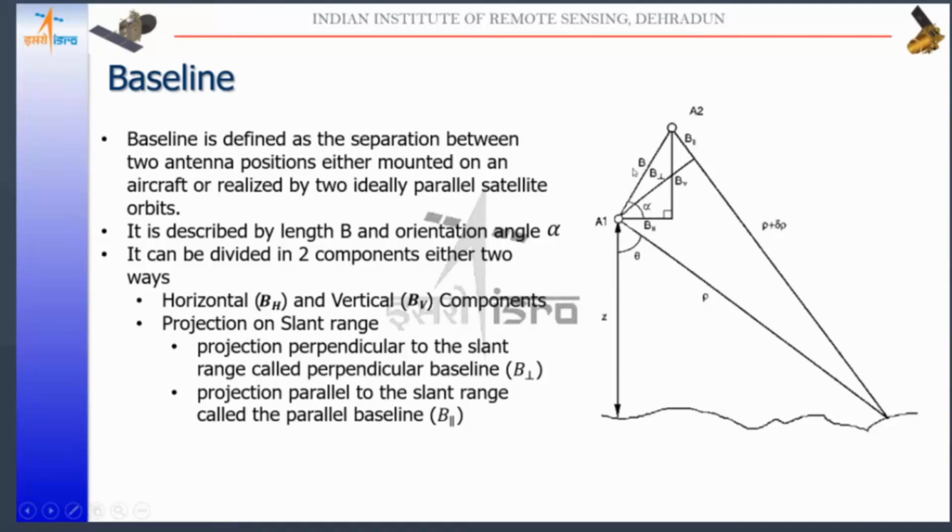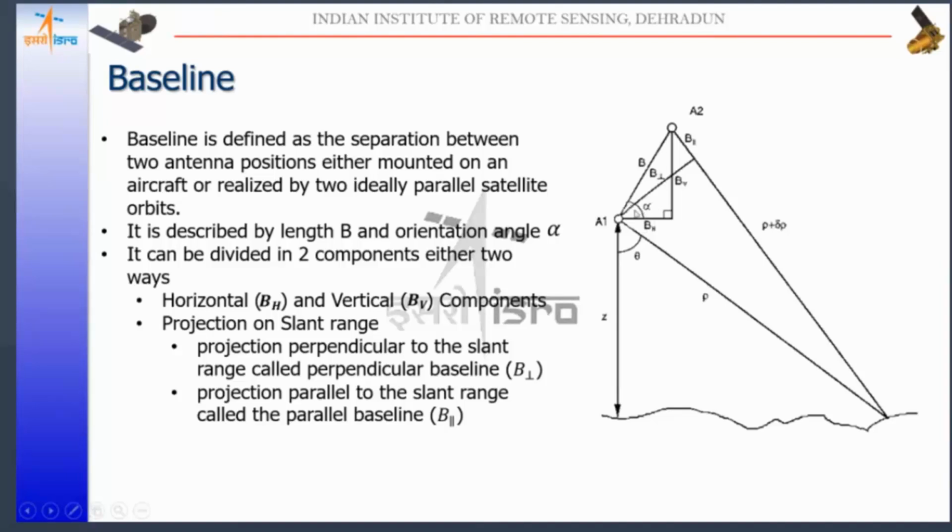This baseline can be divided into two components, and we can divide it in two ways. First, into horizontal and vertical components. If this is the baseline, we can see this is along the horizontal, this is its component BH, and this is its component BV.